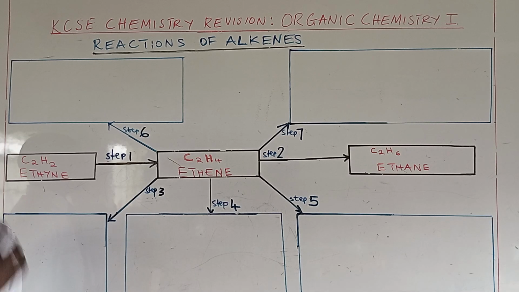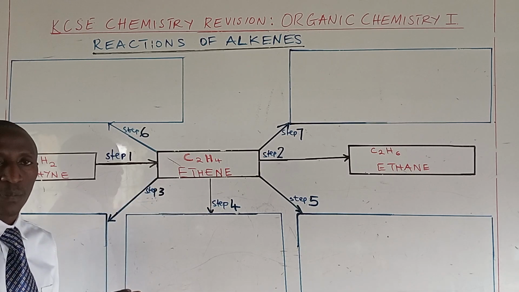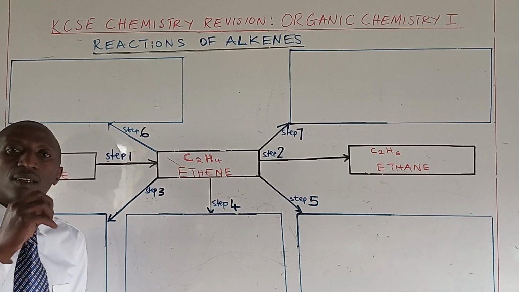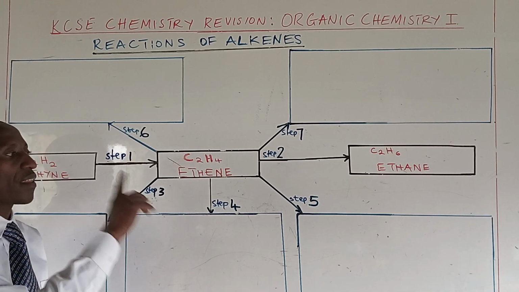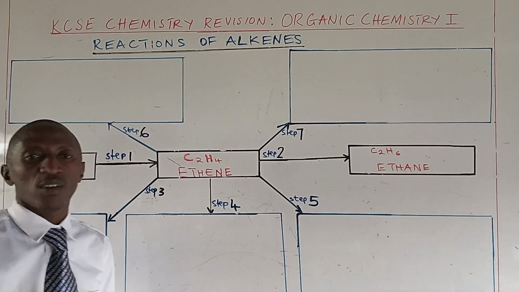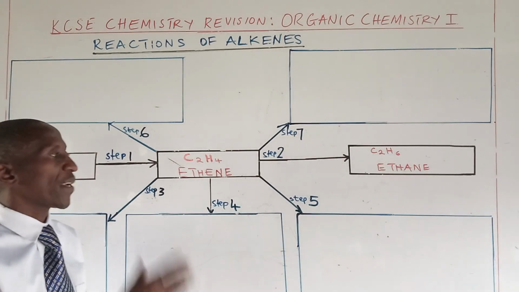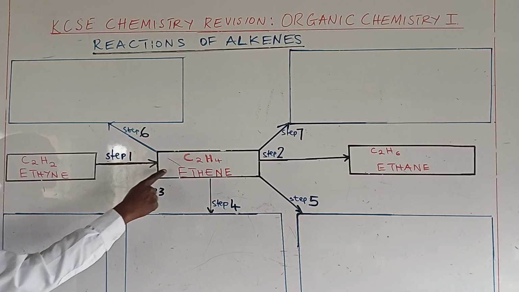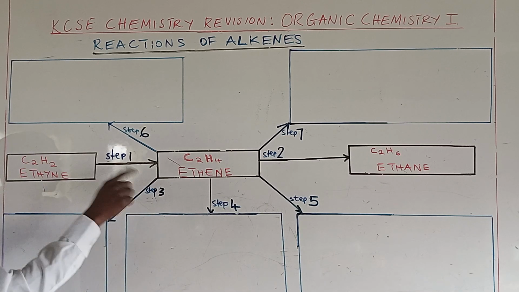Through a series of questions, we shall ask ourselves, what is the name of the process that leads to that part? What are the reagents that are used to get that reaction through? And possibly, how does the reaction go for a particular area? Now, in step number 1, we are seeing ethene become ethane.